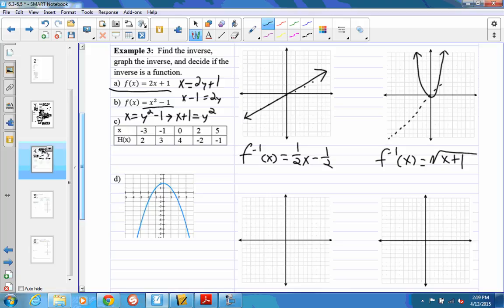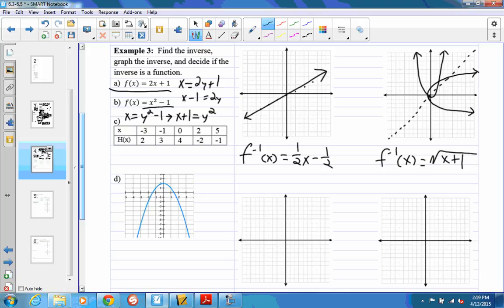Think about it. If I draw my imaginary y equals x, and again, we haven't gone over how to graph this, but if you think about this reflecting, there's the reflection of that graph, right?